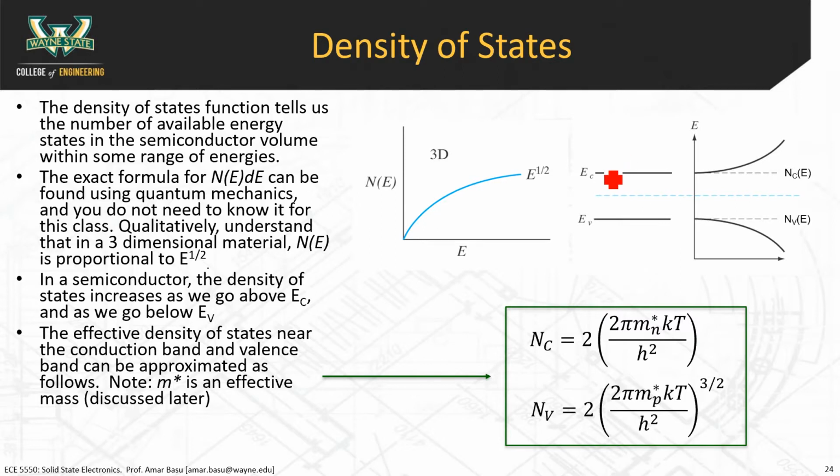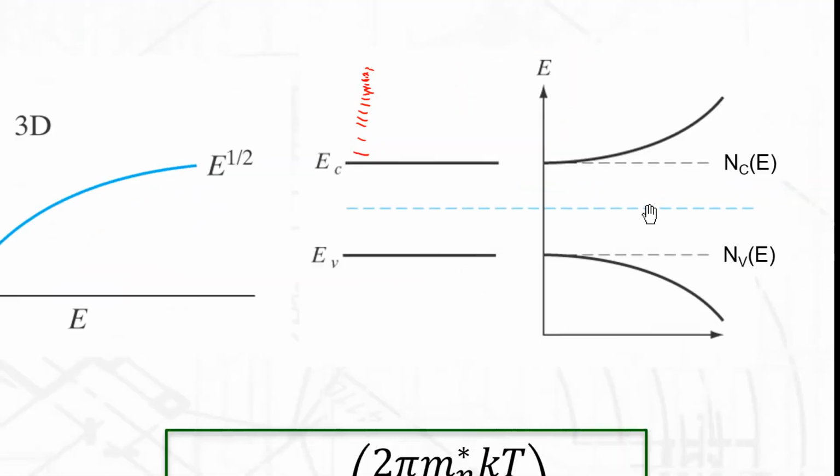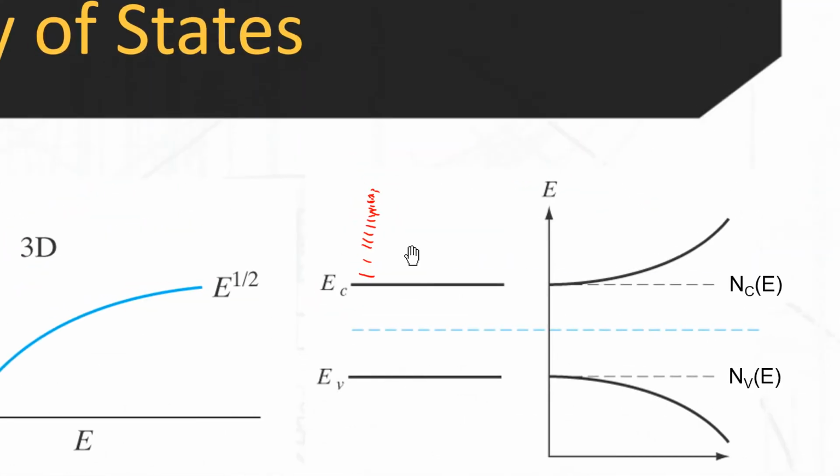So we could say that there's a low density of states here, but as you go higher, the density of states increases as you go to higher energies. Does that make sense? There are energy states near the conduction band, but the concentration of those states is lower near the conduction band, and it increases the higher you go up.